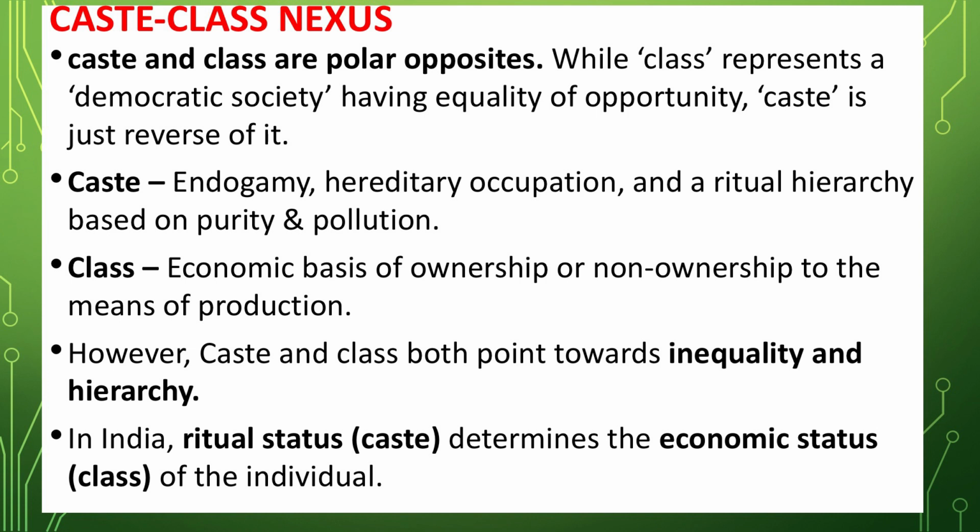But as we understand, class is achievement oriented, but caste is very much ascribed. But in the Indian context, that achievement and ascription were very much intertwined, very much mixed with each other. So, in India, the ritual status of the caste was the sole deciding factor for the economic status of the person.